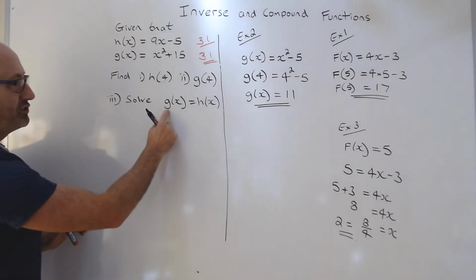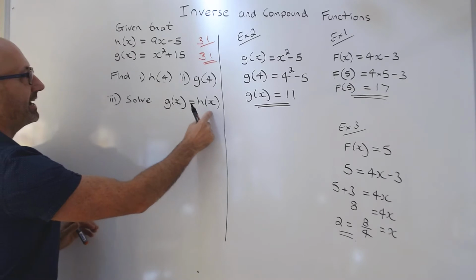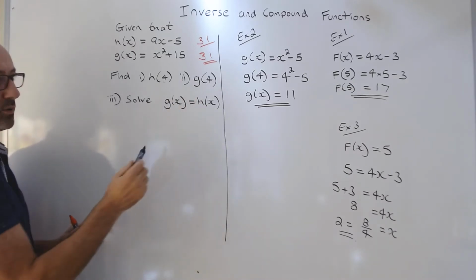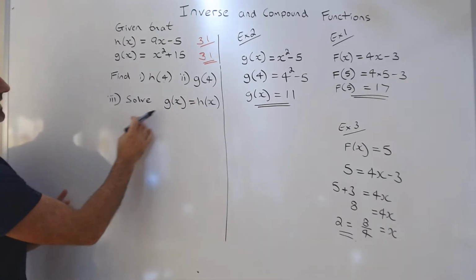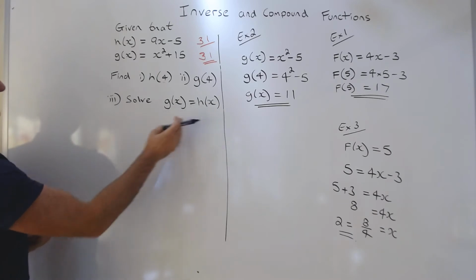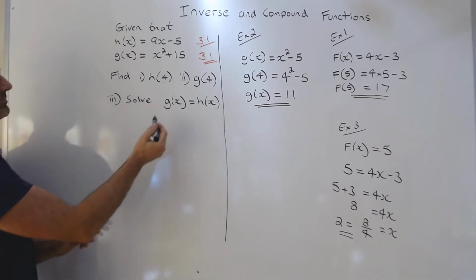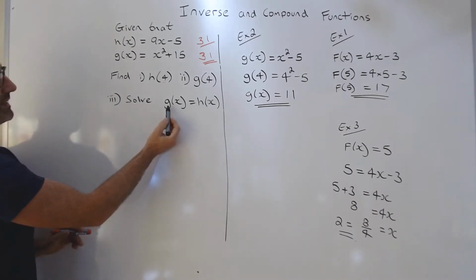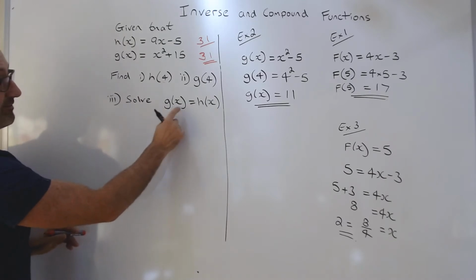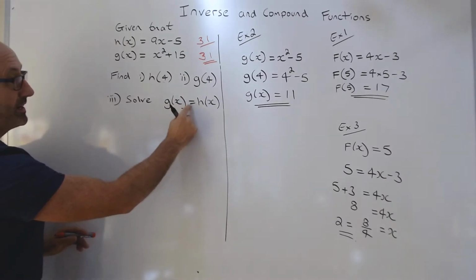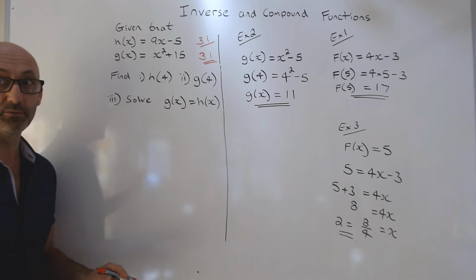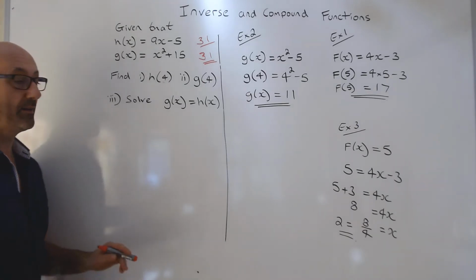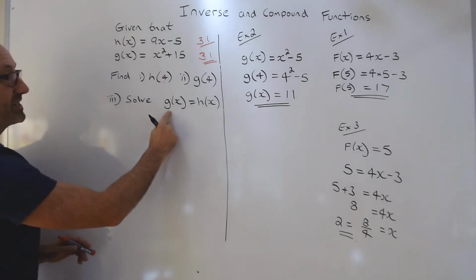So it says g(x) equals h(x). So what do you think you're going to write down, please, Nina? 31 equals 31. Well, I mean, it does. If it said g(4) equaled h(4), then you'd be absolutely right, okay? But it doesn't say g(4), it says g(x).